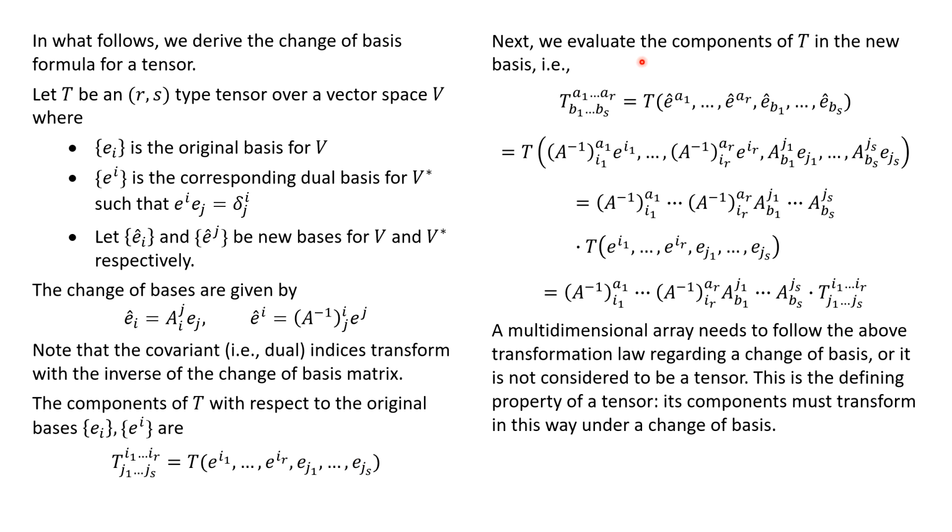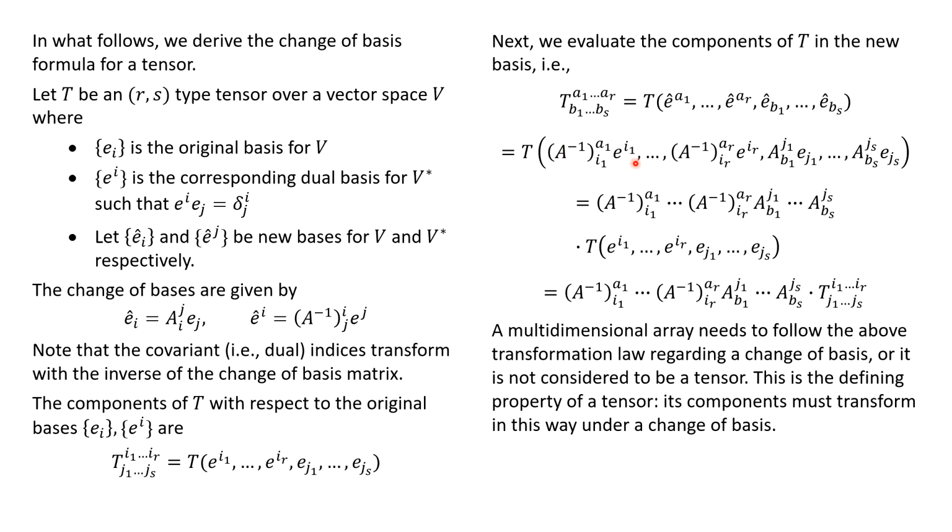And we want to find out what the components are for T under the change of basis. So we'll compute that. This is the definition. Then I needed to change the indices a bit, but I'm using these formulas here. Just plug that in.